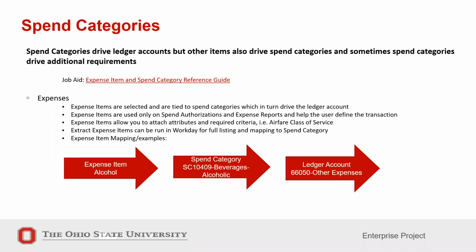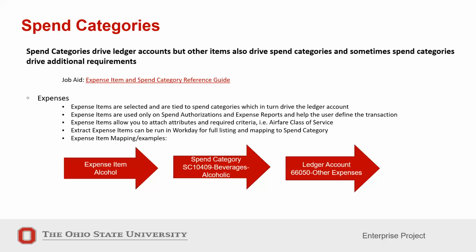An expense item you might select is alcohol, and that expense item is tied to a spend category of beverages, alcoholic. And then that spend category is tied to a ledger account of other expenses. So when you select the expense item, that is how the ledger account is determined.